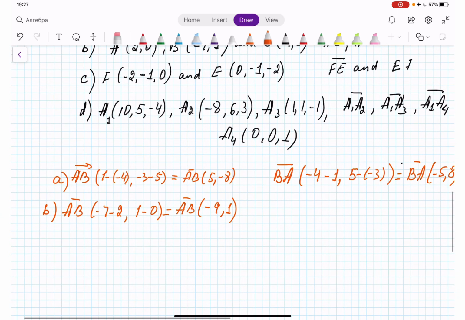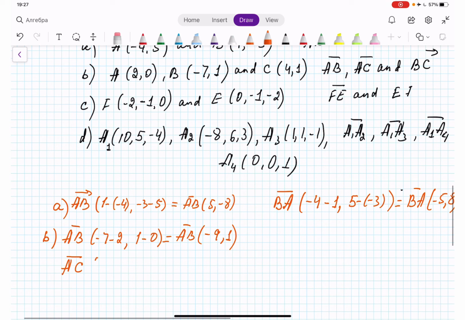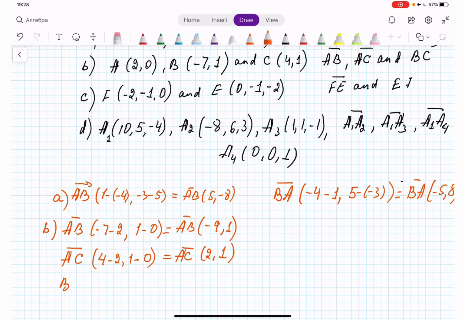Next, we need to find AC: coordinates of C, 4 minus 2 and 1 minus 0, and we get AC with coordinates 2, 1. And lastly, BC is 4 minus negative 7 and 1 minus 1, so BC has coordinates 11 and 0.